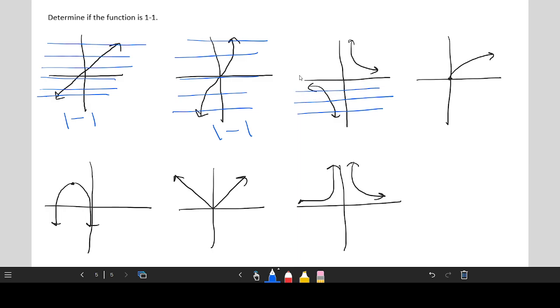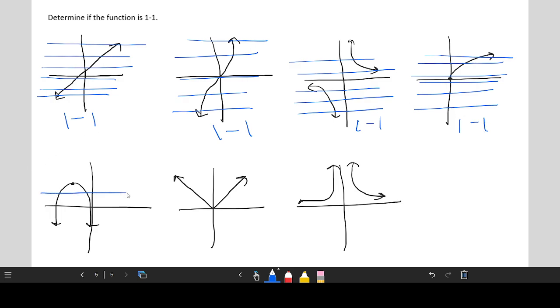But anywhere we draw a horizontal line here, we're only passing through 1 point as well. And then here's our square root function. So sometimes you can draw a horizontal line that doesn't pass through any point. That's fine. But you don't want to be able to pass through more than 1 point. Otherwise, it's not one-to-one. So all of those are one-to-one.